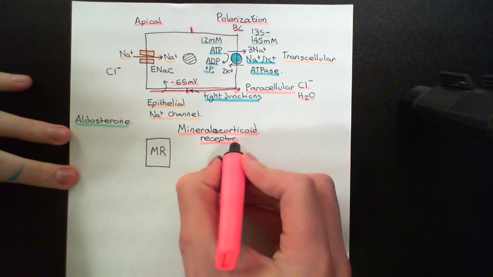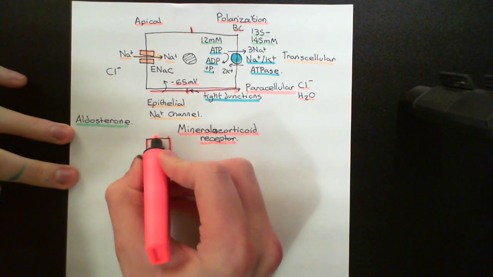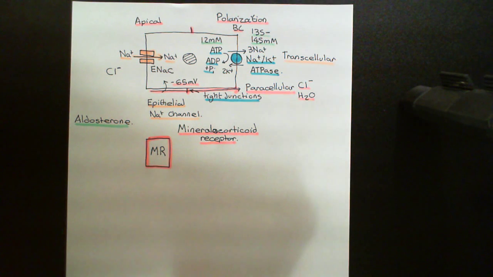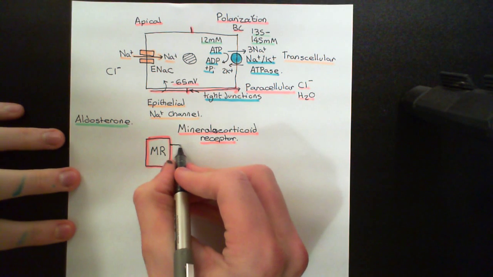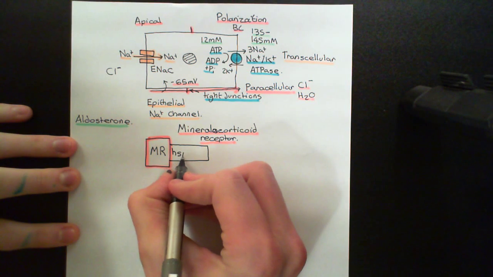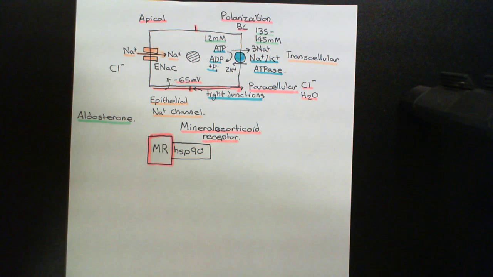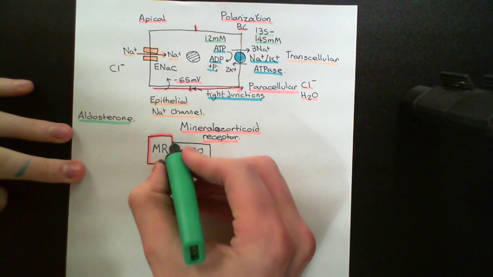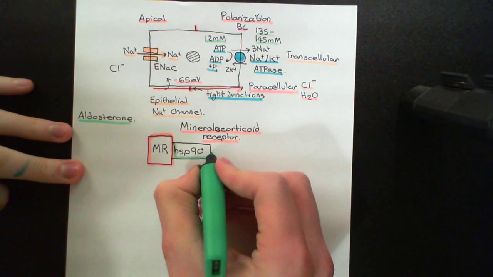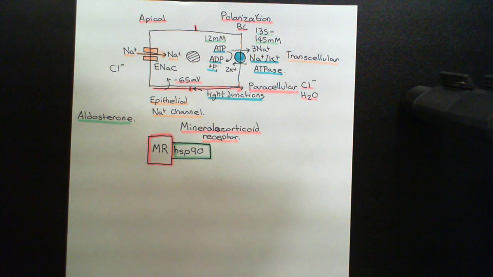So the mineralocorticoid receptor is a receptor that will be in the cytoplasm of these distal convoluted tubule cells and cortical collecting duct cells, and usually it's in an inactive state, and when it's in the inactive state it is bound to a bunch of other proteins, of which the most notable one is heat shock protein 90, which, again, those of you who are familiar with the glucocorticoid receptor will recognize that's the one that the glucocorticoid receptor for cortisol, another very important steroid hormone, is usually bound to when it's in the inactive state and in the cytoplasm.